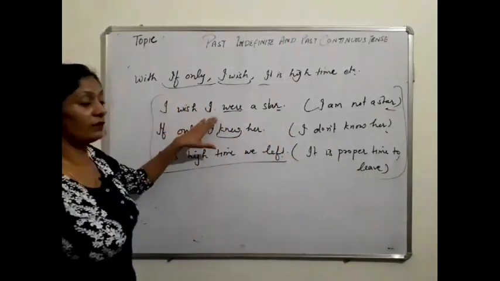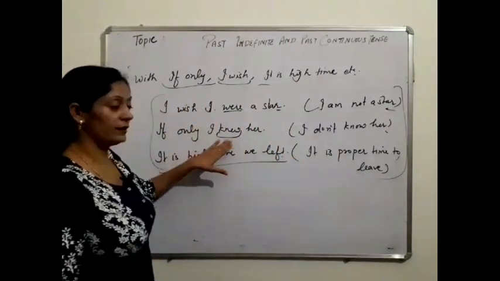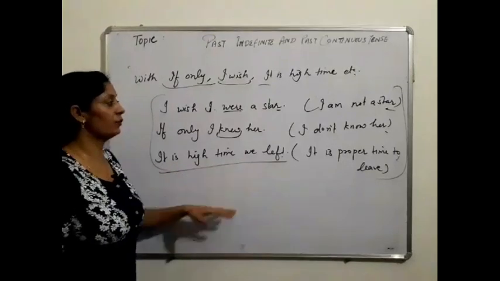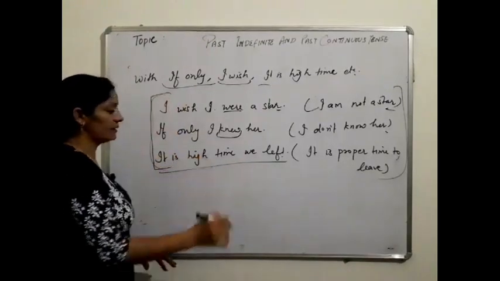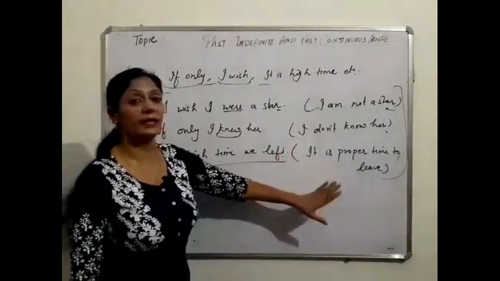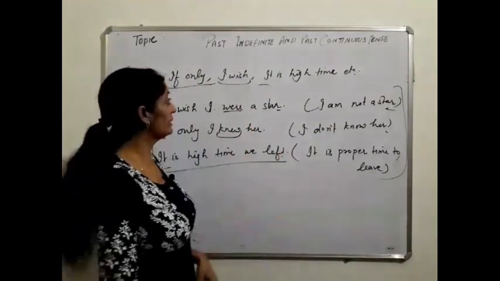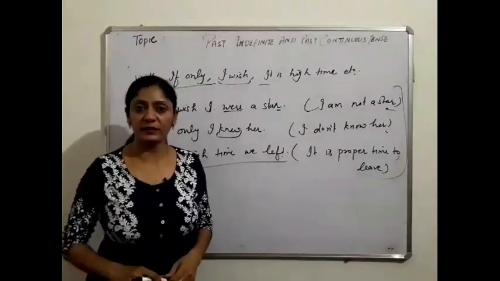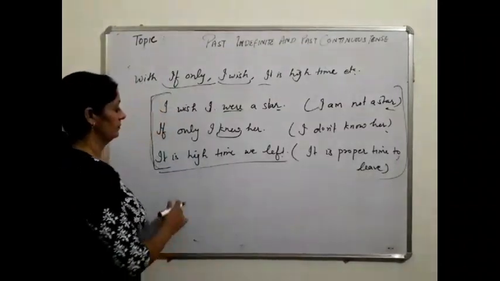Okay. I wish I were a star. If only I knew her. It is high time we left. All these three sentences are in past but they present our present condition. Okay students, with this our past indefinite is complete.